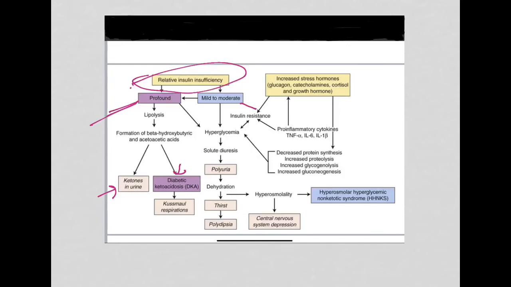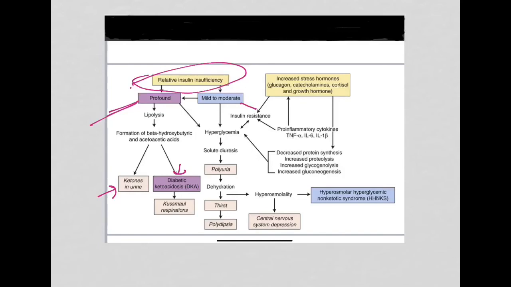There are some people that can go into what's called HHS, or hyperosmolar hyperglycemic state. Because they've lost so many fluids through the urine, it leads to hypotension and decreased intravascular volume. It's not as common as diabetic ketoacidosis. It has a higher mortality rate, but is less common.